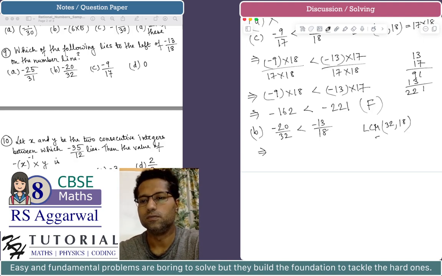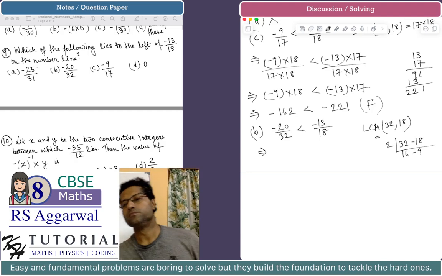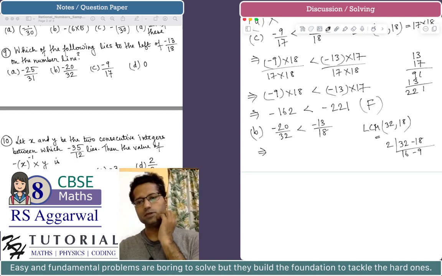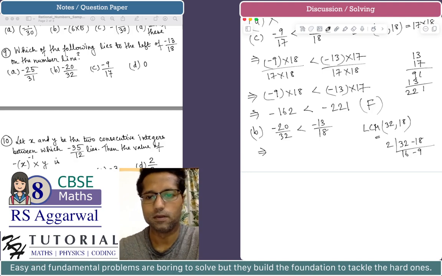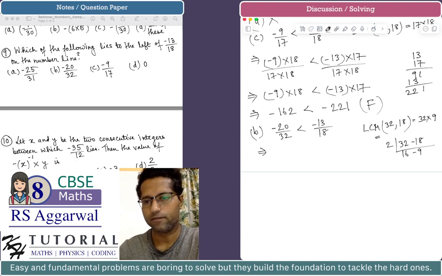Which is equal to how much? 32 and 18: 2, 16, 9. So the LCM is 32 into 9.